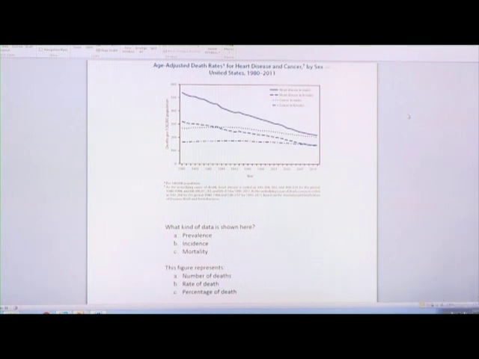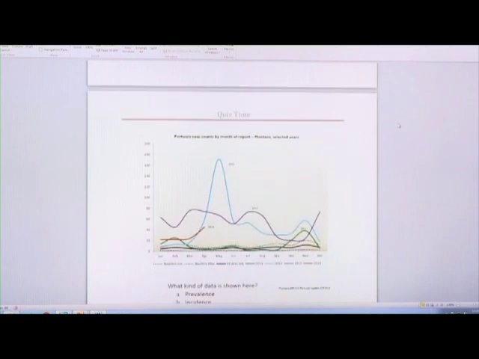Okay, so hands for number of deaths. Hands for rate of death. All right, and then percentage of death? Okay, you all were right. It's B, the rate of death. The dead giveaway is the per.